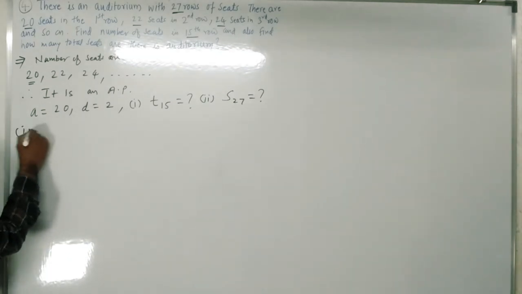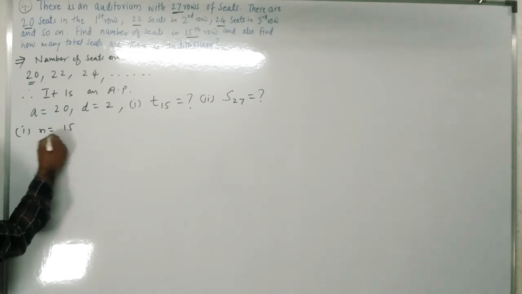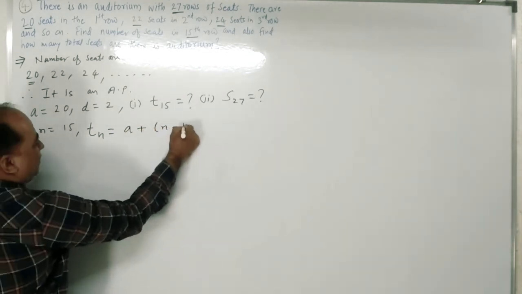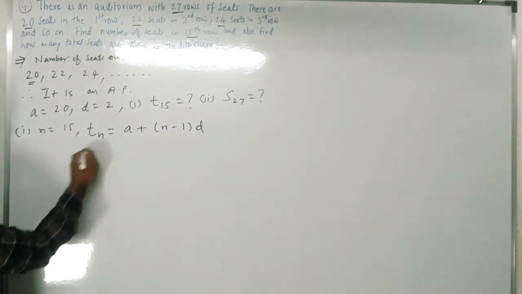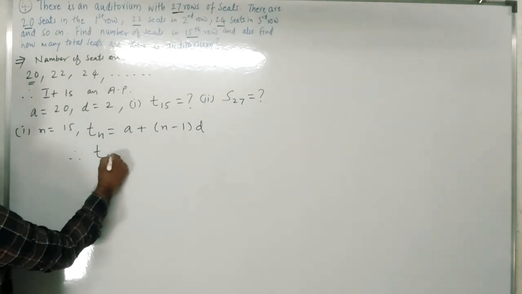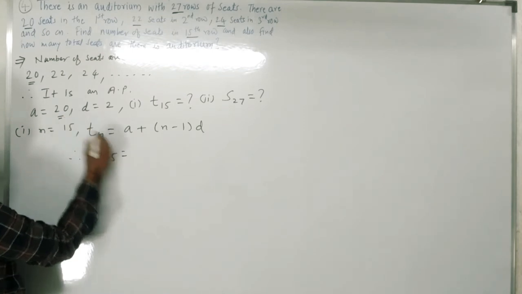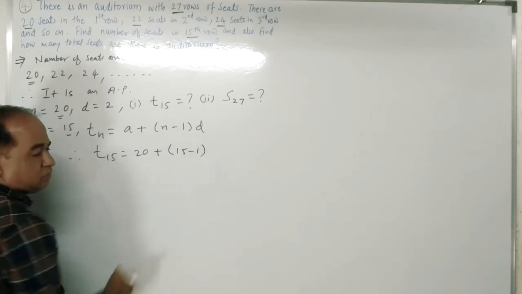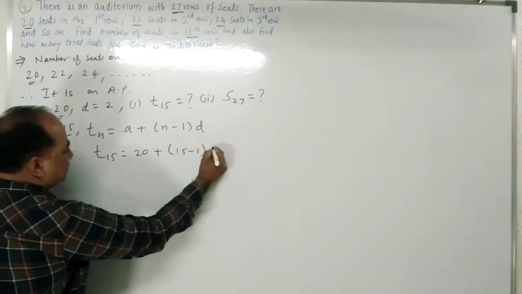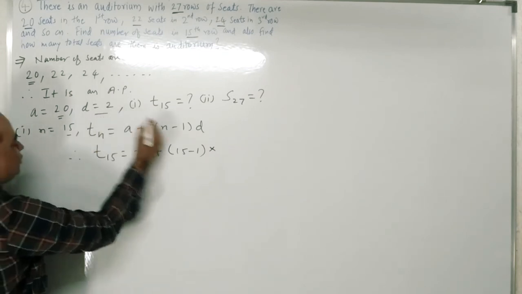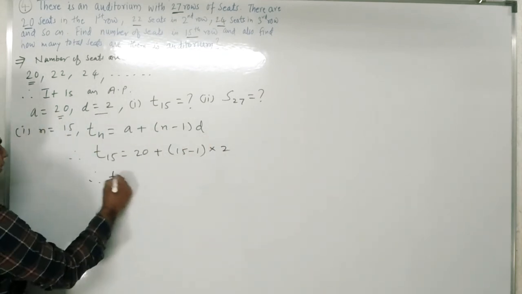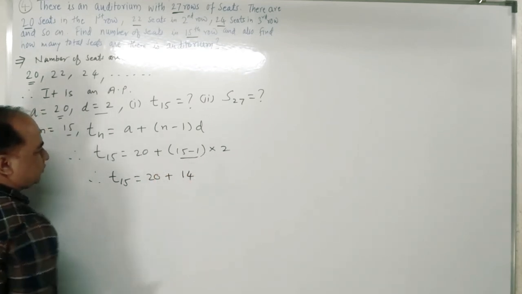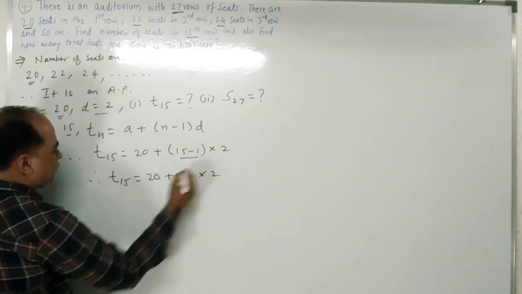So first part, for n is equal to 15, you have to find Tn. Tn is equal to A plus n minus 1 into D. Therefore, T15 is equal to A is 20 plus, we have to take n as 15 here, the 15th row, 15 minus 1 into common difference D, which is 2. Therefore, T15 is equal to 20 plus 15 minus 1 is 14 into 2.